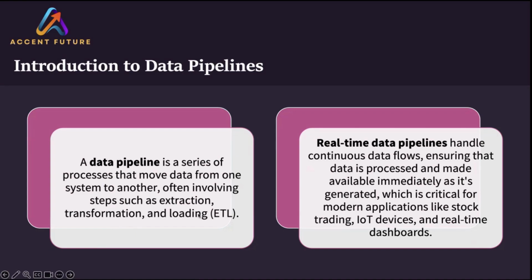Like the layman example, from river to our home, is the water coming directly from river to home? No. In between, there is some filtering going on, right? We're adding some minerals, right? They're doing some cleaning, right?